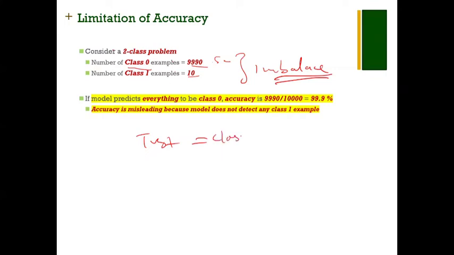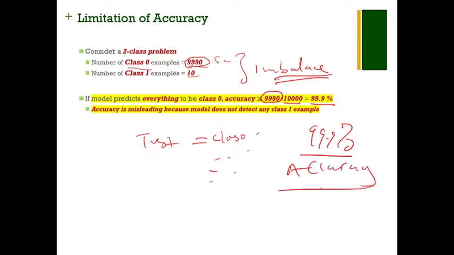Everything is class 0, class 0, class 0. So in that case, out of the 10,000, 9,990 will be correct predictions, because this is the number of people that are not sick. The remaining 10 that were predicted as class 0, even though they were class 1, will be the errors. So when you calculate 9,990 divided by 10,000, you're going to get 99.9%. So you're getting 99.9% accuracy.